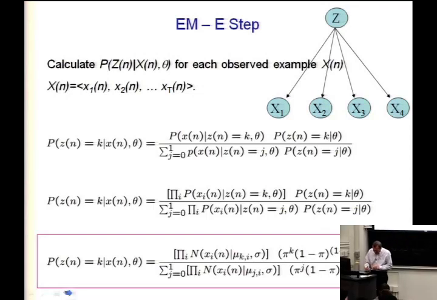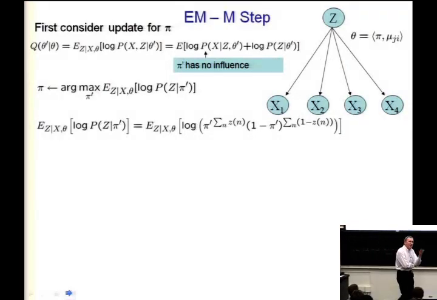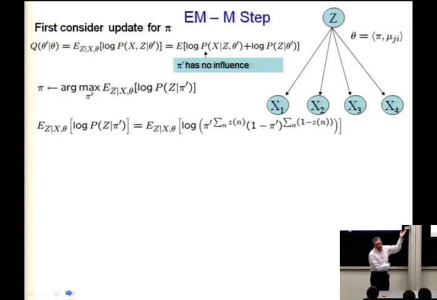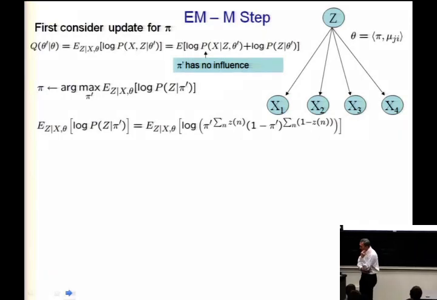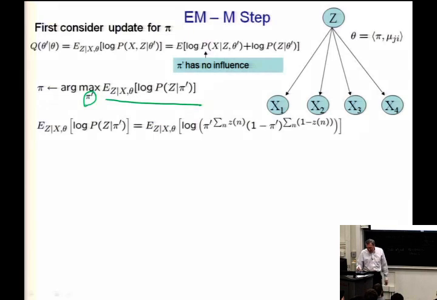And now when we do the M step, this is where it gets interesting. Of course, in the M step, what we want to do is update our parameters to maximize the expected log likelihood.